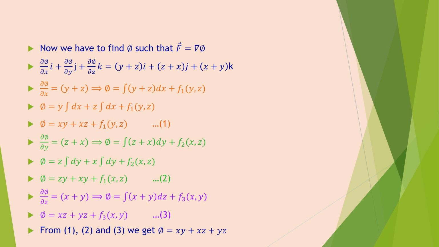Or if you consider another equation, let me consider equation 3, that's also fine. No need to consider only equation 1. So how do we find f3 of x, y in equation 3? Look at equation 2 and equation 1. Do you have any expression which has only x and y terms? X and y need not be x into y only.